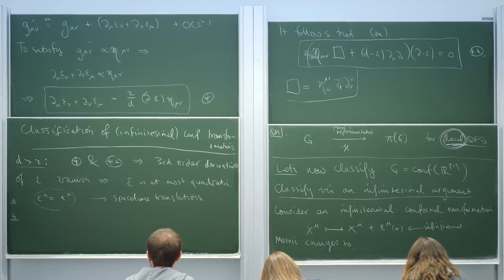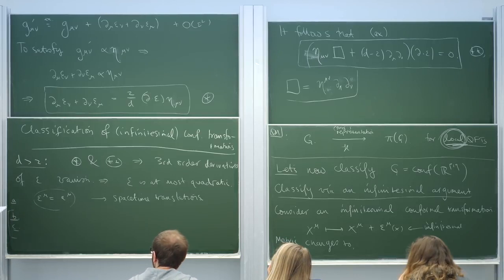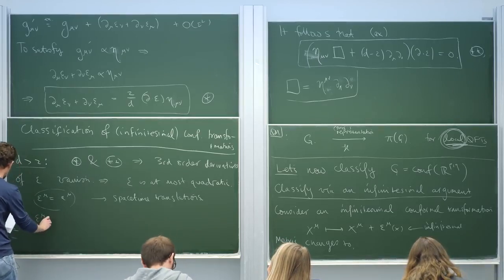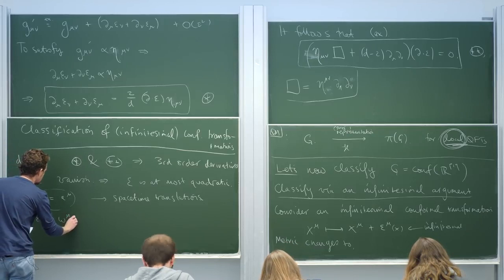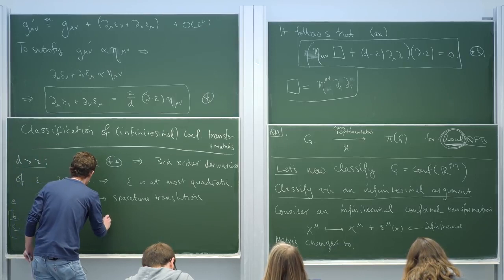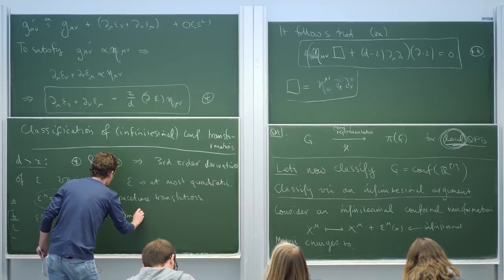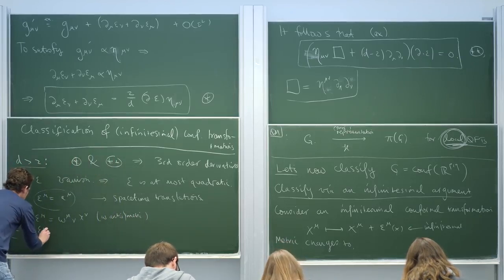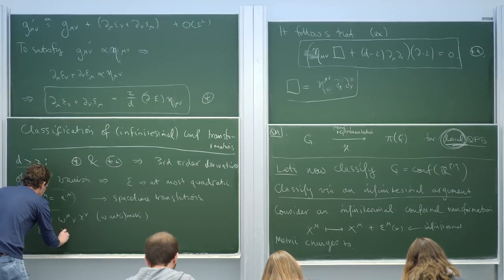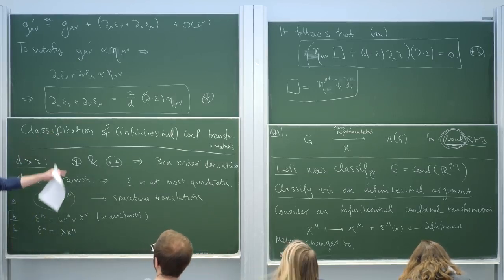Let's see, what if epsilon is linear in the space-time variables? Then it turns out you get 2 kinds of solutions. Either you're forced to write down epsilon has this form with omega antisymmetric, or epsilon has this form, lambda x here. Antisymmetric you get from plugging it in. You just get it from plugging it into star and star star.